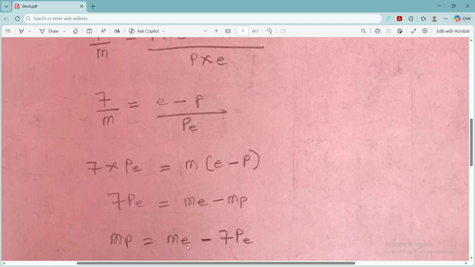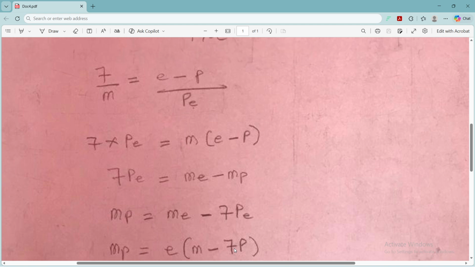What factor can multiply E for us to get negative 7PE is negative 7P, right? So our new equation is going to be MP equals E multiplying, all in bracket, M minus 7P, right?